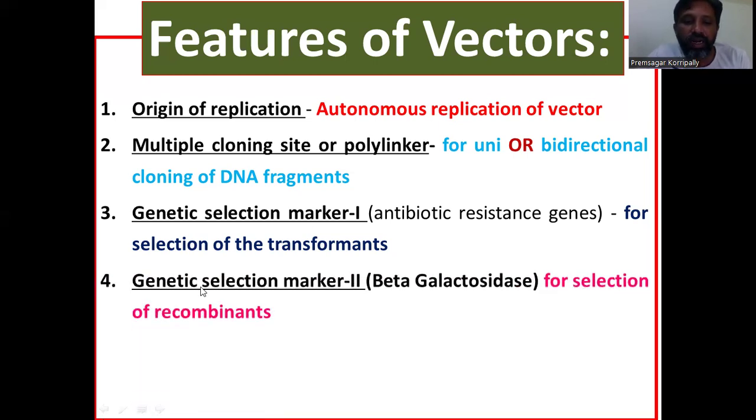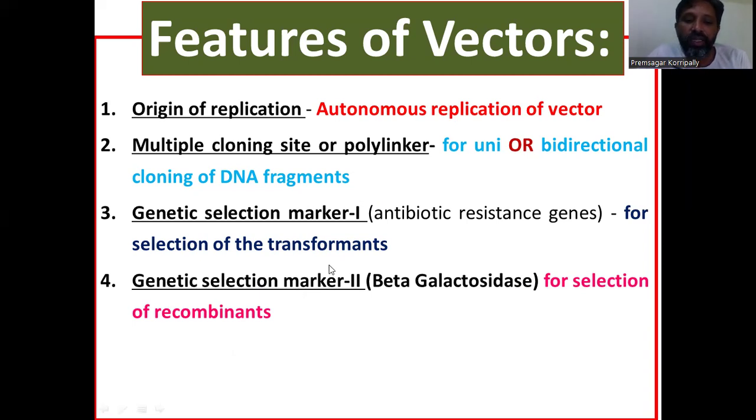And also there is a need to have a second genetic selection marker for the selection of recombinants. You see, one genetic selection marker is for the selection of transformants from the non-transformed, which will die, and the second genetic selection marker is to select the recombinants.